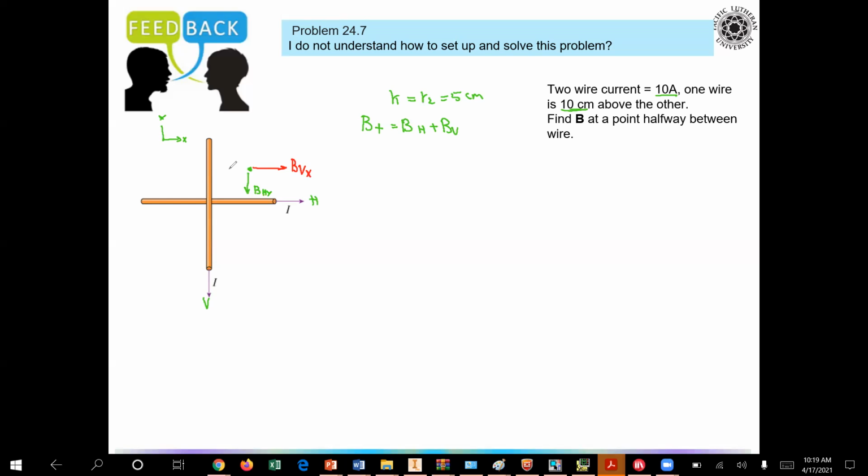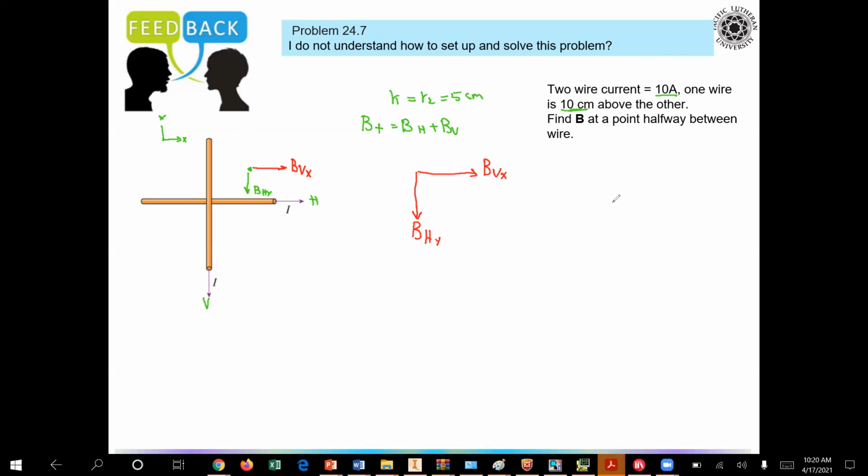If you want to write it down on a good scale, here is the B in the Y direction and here is the B in the X direction. Here is the B from the vertical wire in the positive X direction, and here is the magnetic field from the horizontal wire, B horizontal Y.